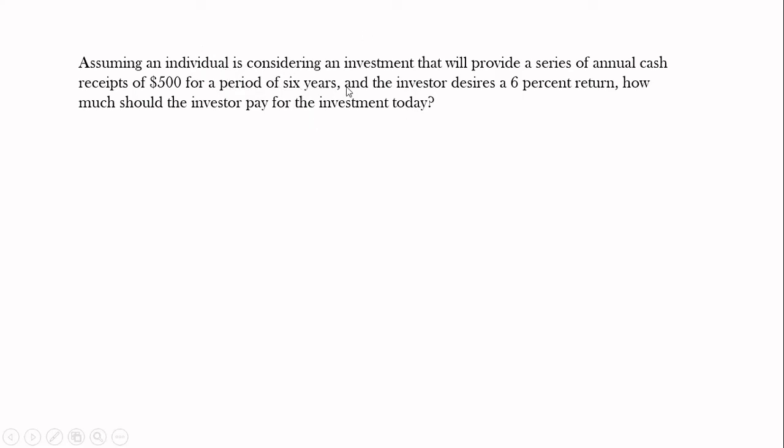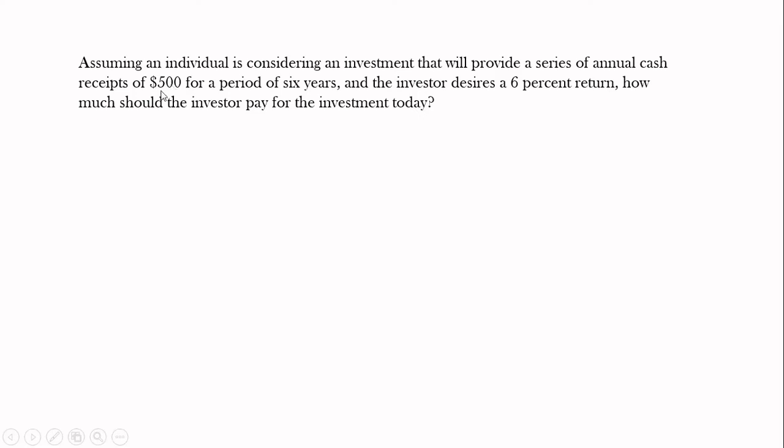Okay, so from the beginning, let's read it out again. Assume an individual is considering an investment that will provide a series of annual cash receipts of 500 for a period of 6 years, and the investor desires a 6% return. How much should the investor pay for the investment today? Now, have we found anything mentioned about beginning payment or ending payment?